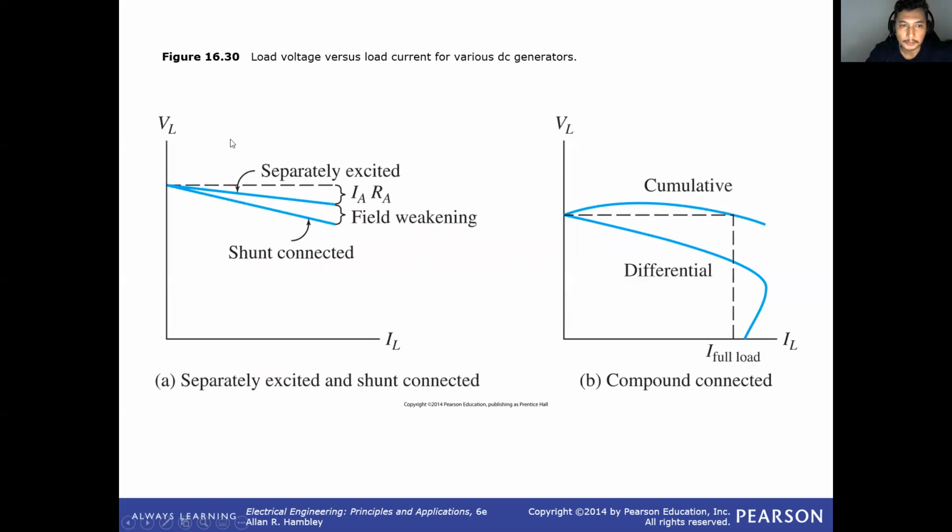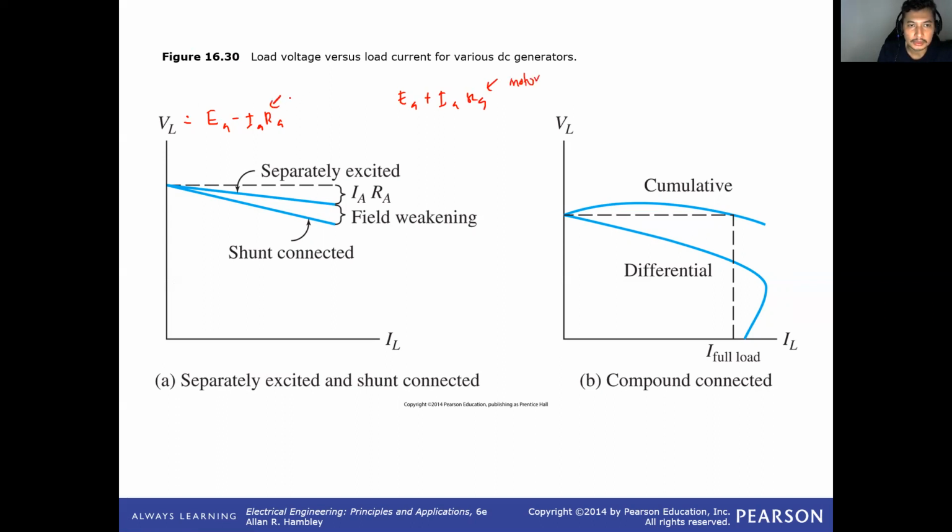As shown here, this is the graph of the load voltage versus the load current, where VL equals EA minus IA RA. This is for the generator. For the motor, it is EA plus IA RA.